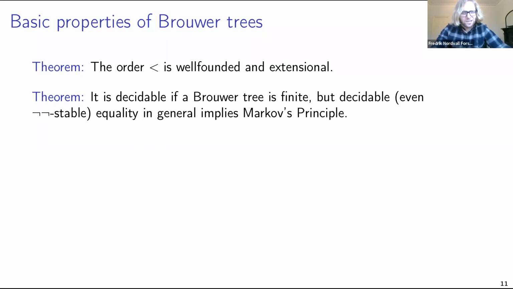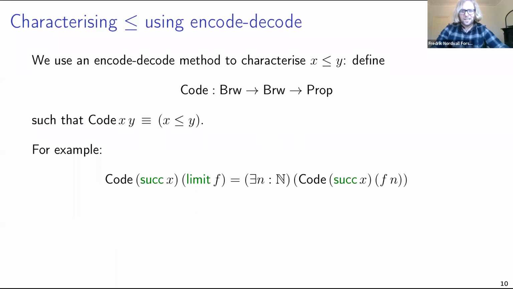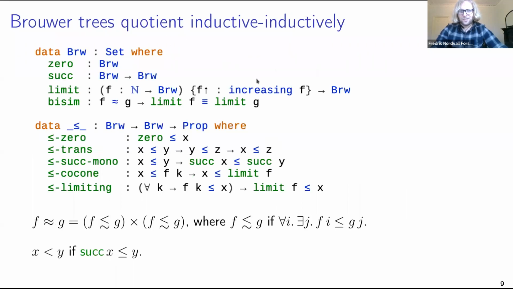And one thing that is going to turn out to be quite important is that even though we can't decide equality in general, so that implies Markov's principle, we can decide a limited form of equality. Namely, we can decide if a tree is 0 or a successor of 0 or a successor of a successor of 0, etc. And that's exactly because we insisted on increasing sequences here.